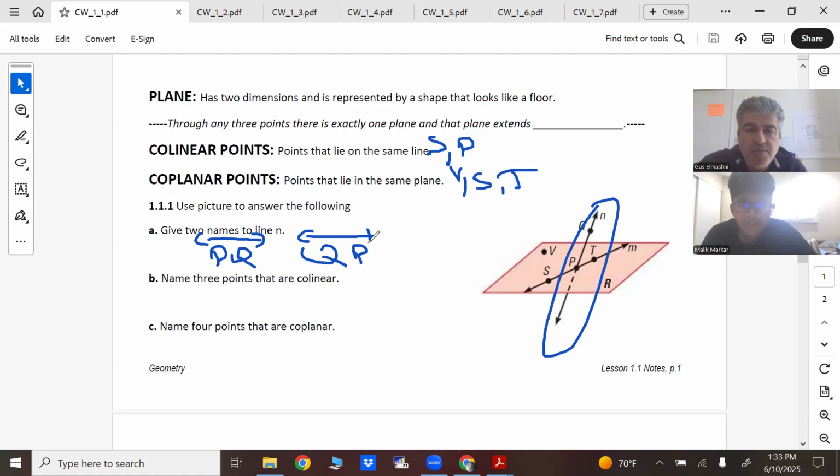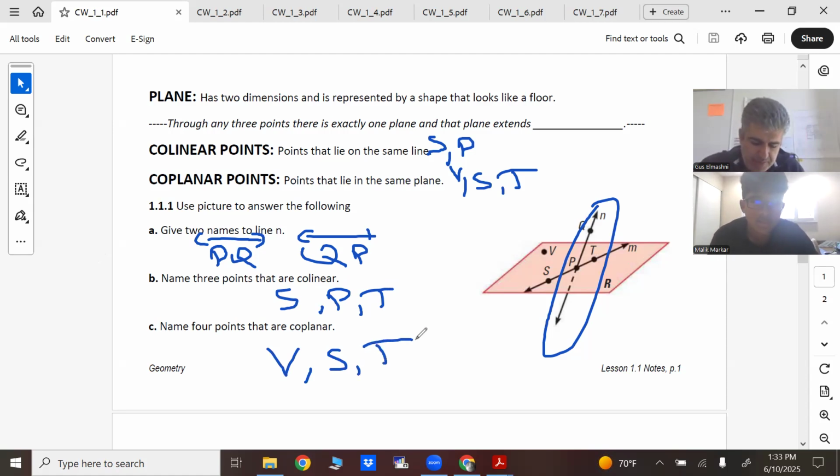Okay, collinear, I already gave you an example like SPT. No, isn't that coplanar? Oh, sorry, SPT. My bad, I didn't read carefully. But VST could be coplanar. Okay.